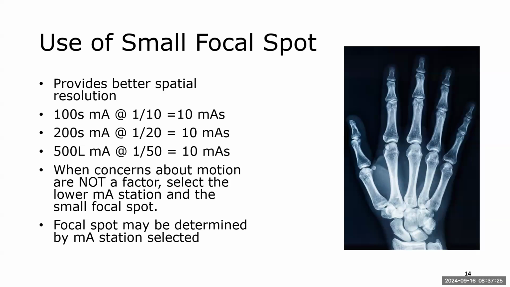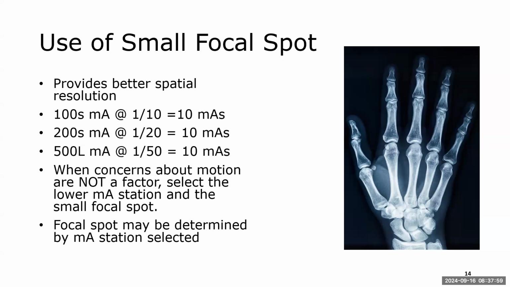So if you went over 160 mA when setting your mA station, it automatically put you on large focal spot. With our equipment, we really don't have that. But if you have equipment where it lets you select your mA station independent of anything else, then sometimes you would have to use a lower mA to be able to be on a small focal spot.